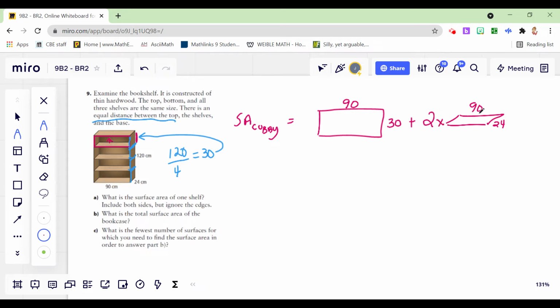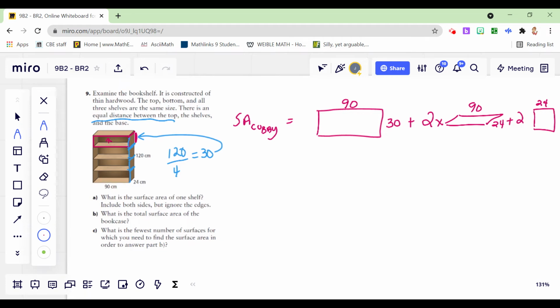So I'm going to multiply that by 2 plus 2 times then the sides of it, which are going to be 24 by 30. So 24 by, where am I going to write this 30?